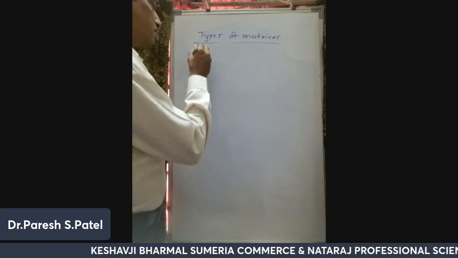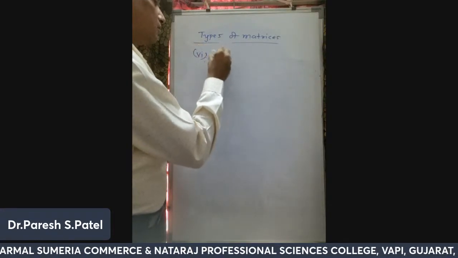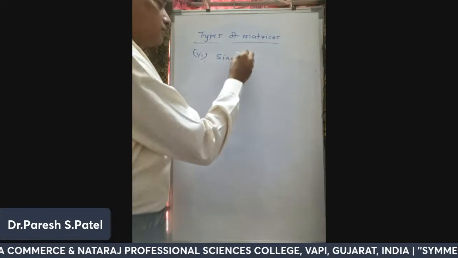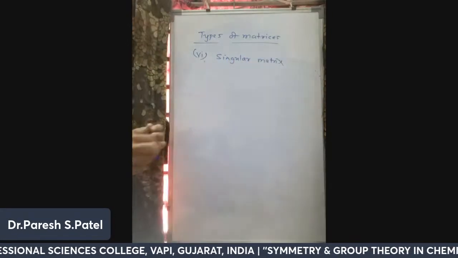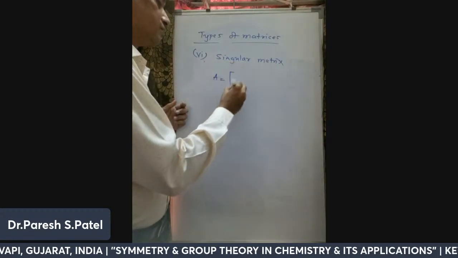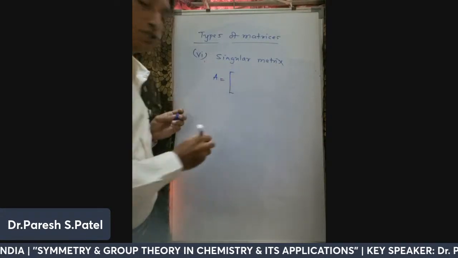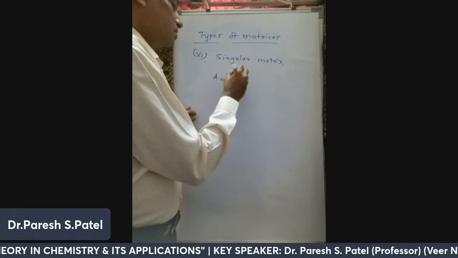Then last one is singular matrix. If the determinant of this matrix is equal to 0, so that matrix can be represented as a singular matrix.